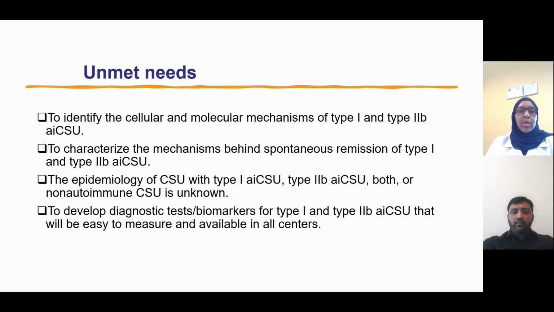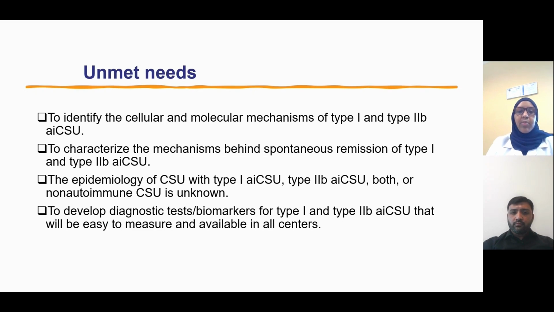What we need to learn or look more for is to try to identify the molecular mechanisms of both endotypes, to characterize the mechanisms behind spontaneous remission of CSU, and to document the epidemiology of CSU with type 1 and type 2 autoimmune CSU, and both, or the new phenotype which lacks the features of both these endotypes.